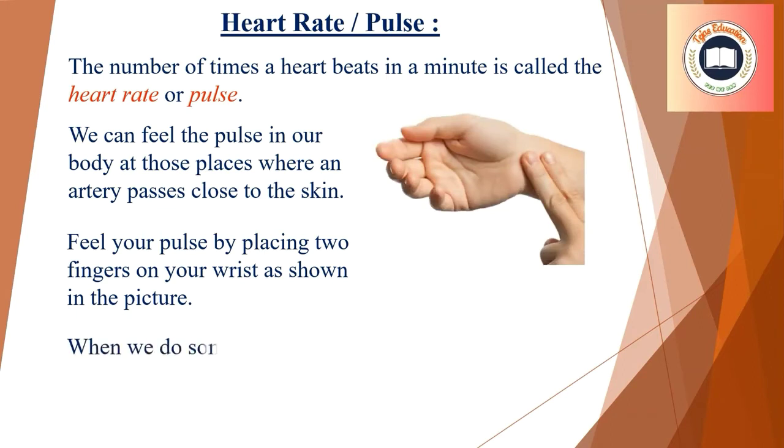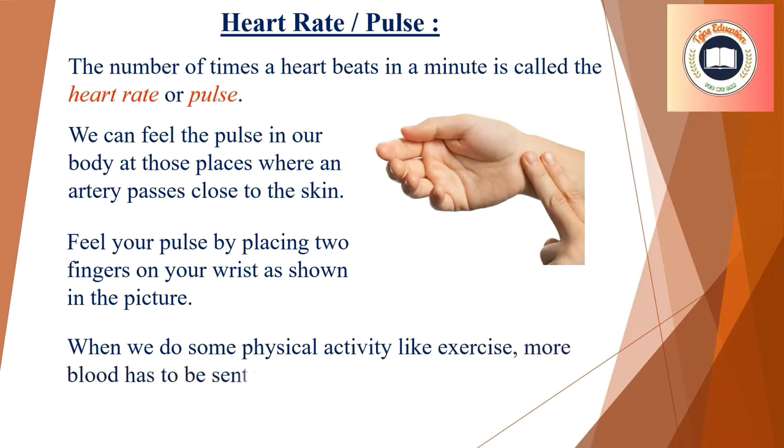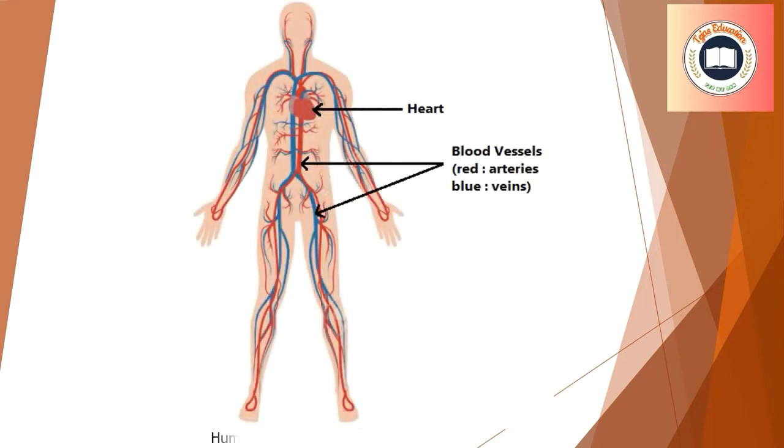When we do some physical activity like exercise, more blood has to be sent to the muscles and the heart rate increases. Now see to the diagram of the human circulatory system as shown in the picture in the slide.